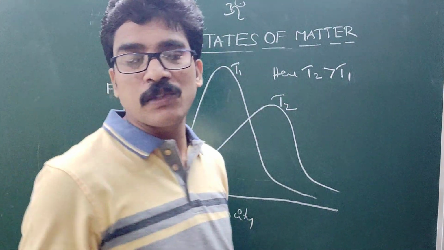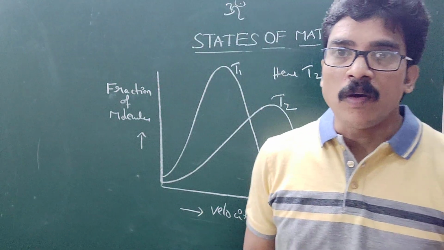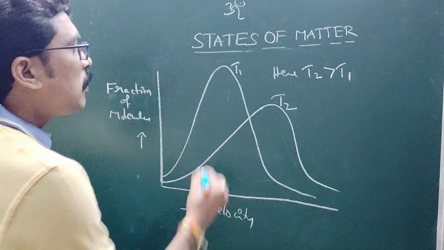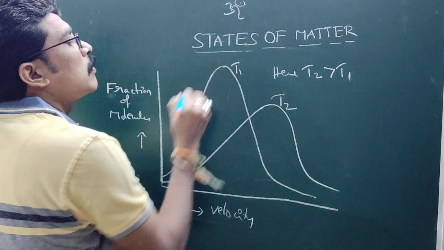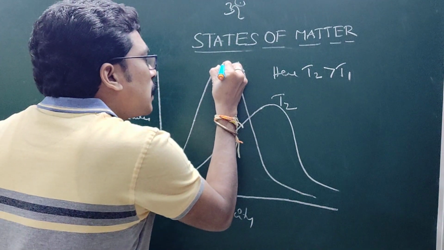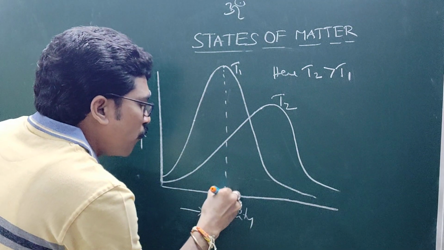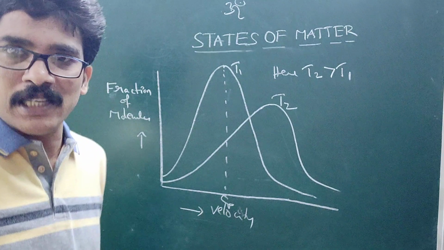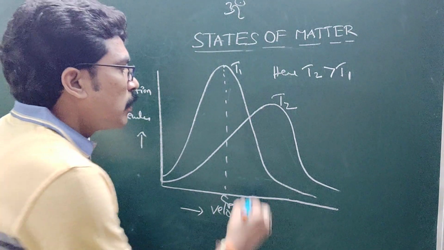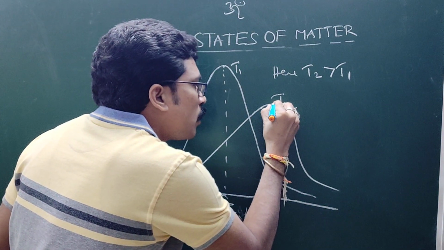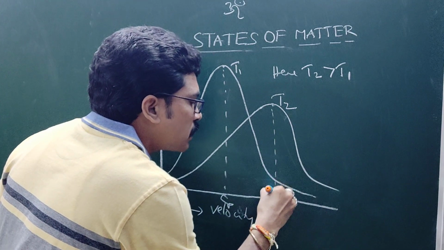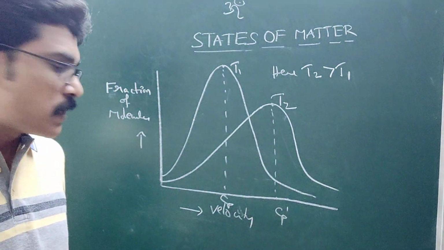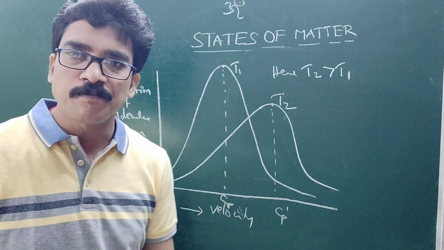Now based upon this, I am asking one question. Here, the observed velocity is called the most probable velocity. Here also, the observed velocity is the most probable velocity, Cp dash. This is Cp, this is Cp dash.